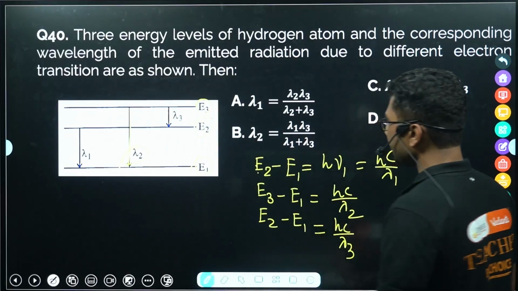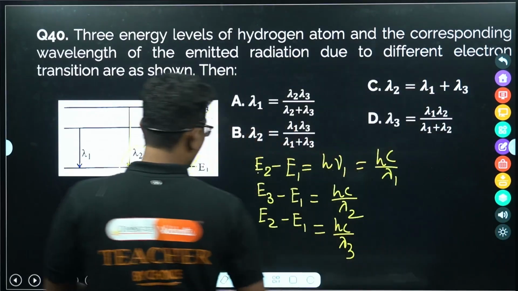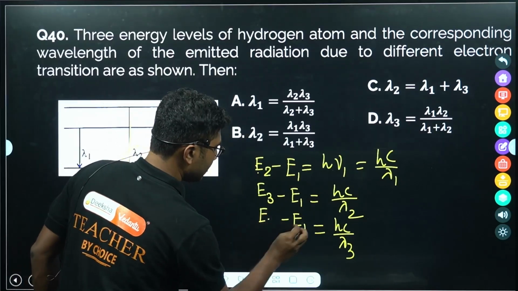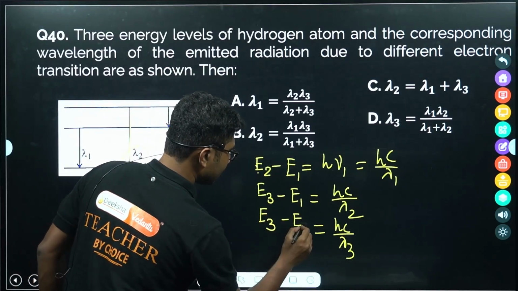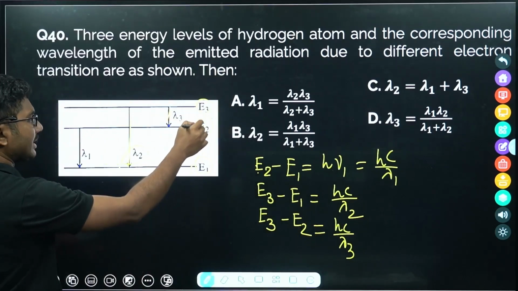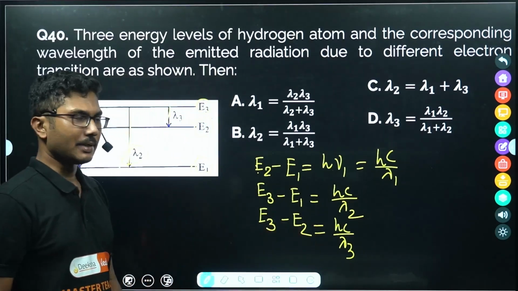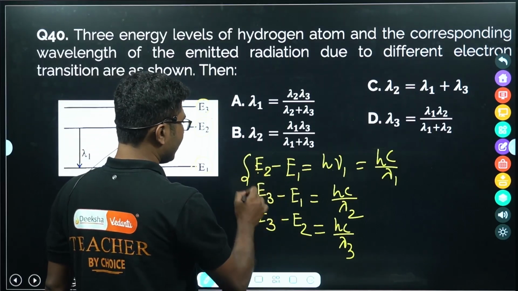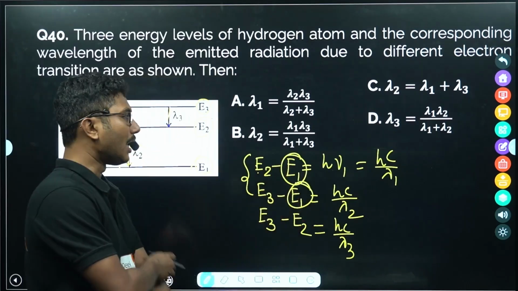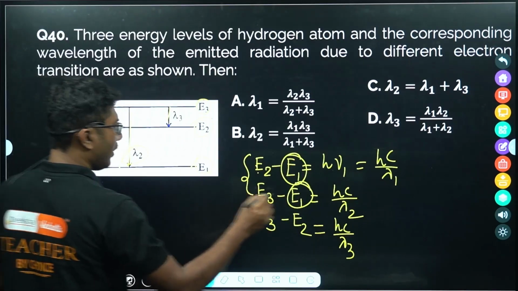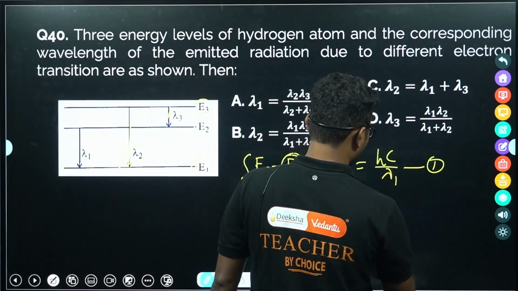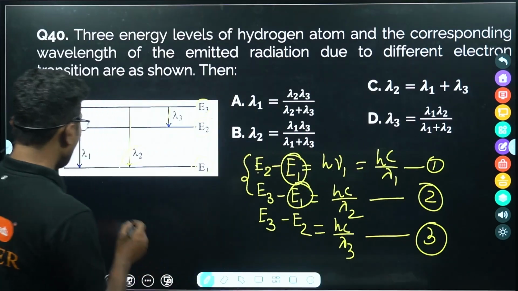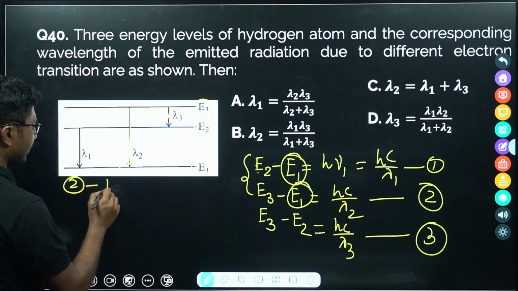How can we use these equations to solve this problem? Lambda 3 is from E3 to E2, so E3 minus E2 is hc by lambda 3. Now we will try to simplify this. First, we will try to eliminate E1. Suppose this is equation 1, this is equation 2, this is equation 3. Then let me write equation 2 minus equation 1.